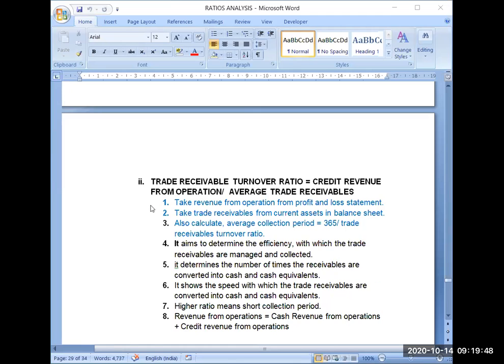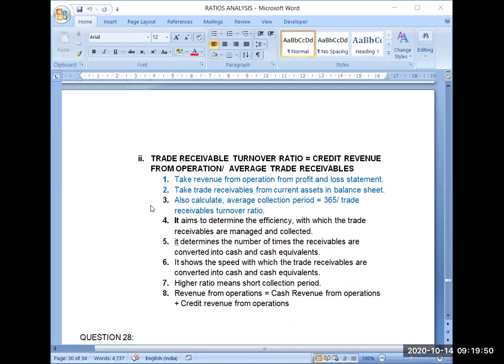Then the fourth point is that it aims to determine the efficiency with which the trade receivables are managed and collected. Doing credit sales is very easy for everyone. But the main part is how you collect your cash back from the debtors or bills receivable.